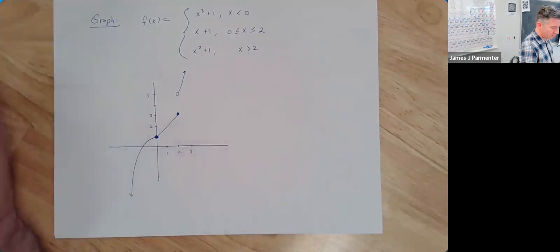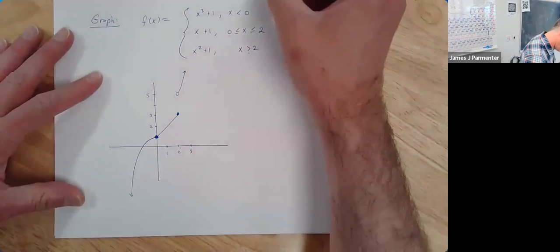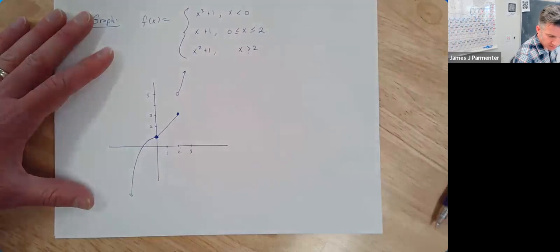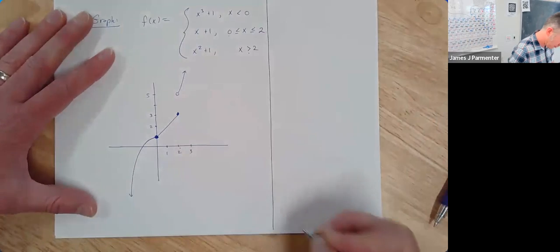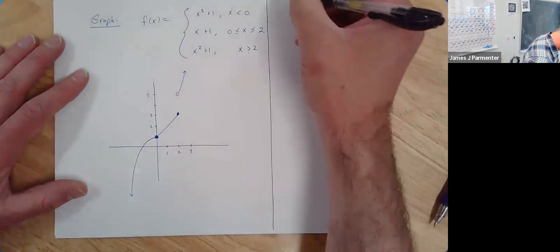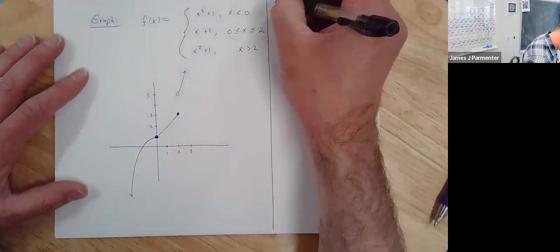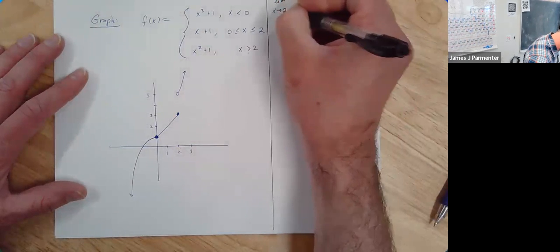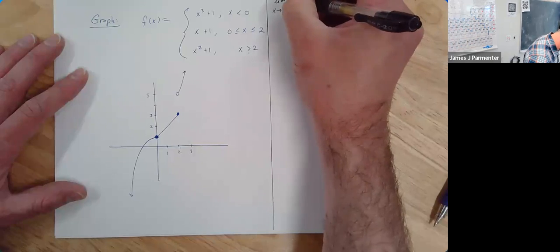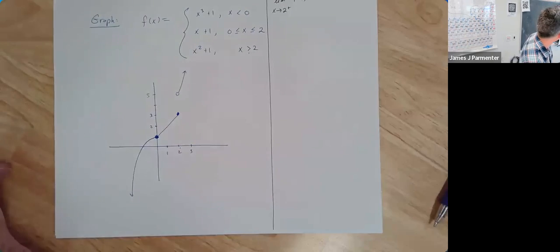Let's ask a couple questions. More than a couple, probably. First and foremost, what's the limit as x approaches 2 from the right-hand side of this function? Sorry, you can't see that.